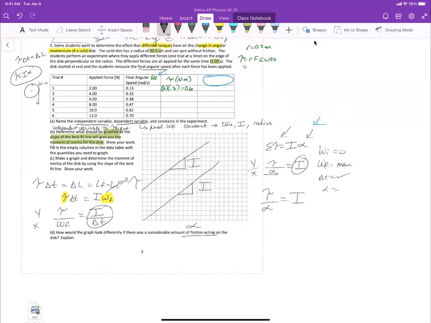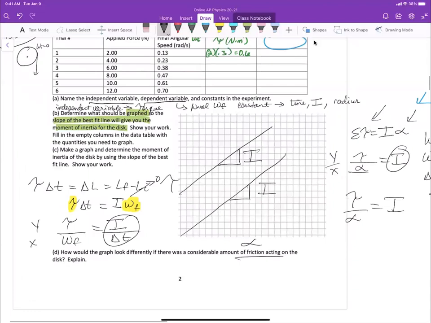However, the amount of torque required to even create acceleration would be increased to something that overcame the friction. So it would move up the y-axis. Your intercept would be much higher.